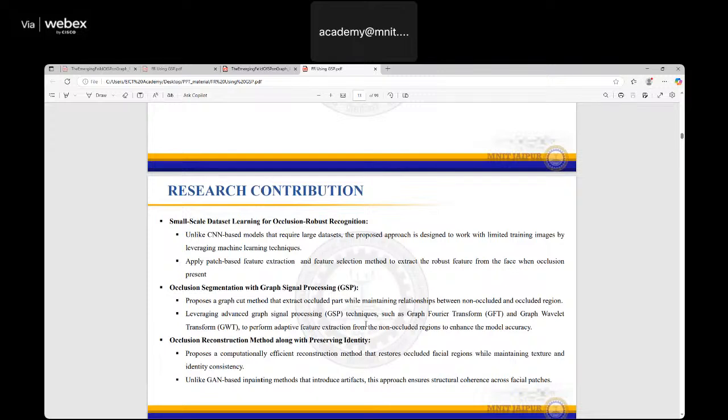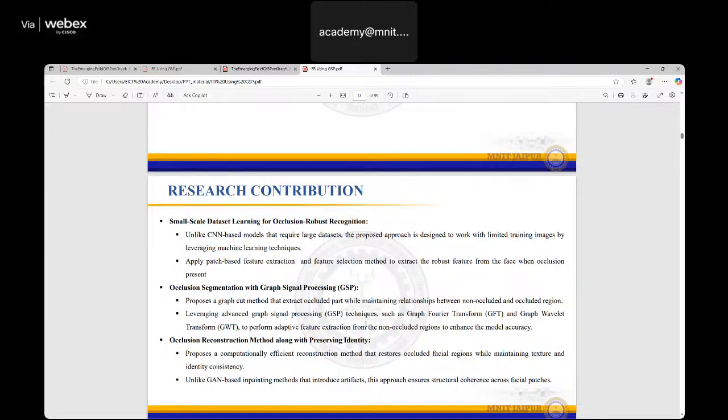Thereafter, we came out with small scale dataset learning. At most places, deep learning has been used. But in deep learning, you should have either that much data available, or that much computational facilities available.